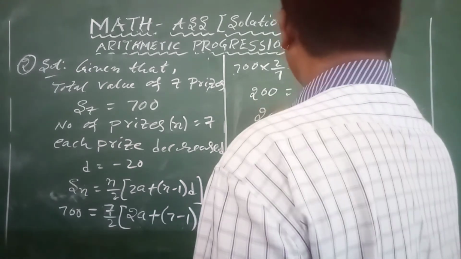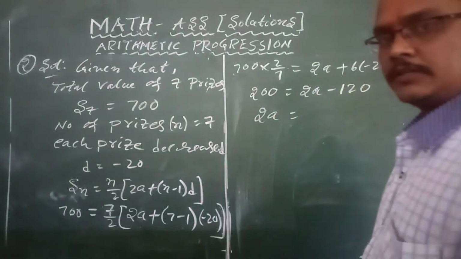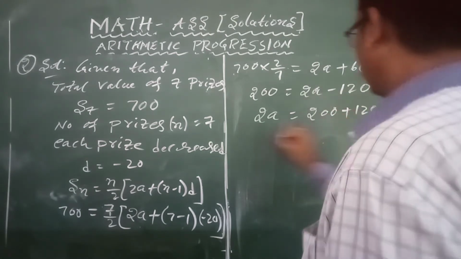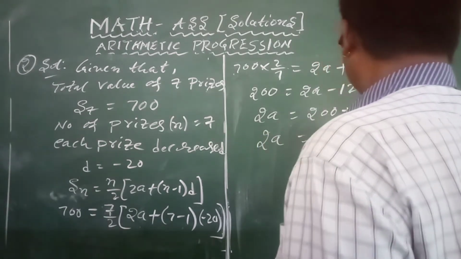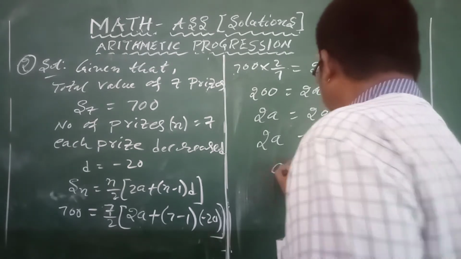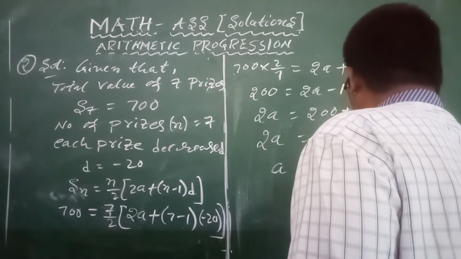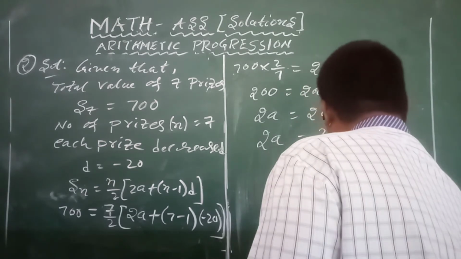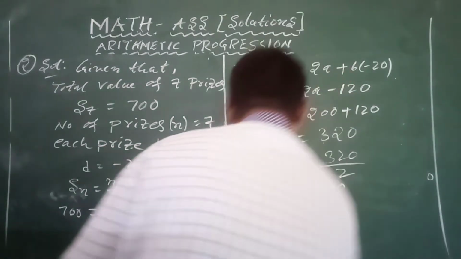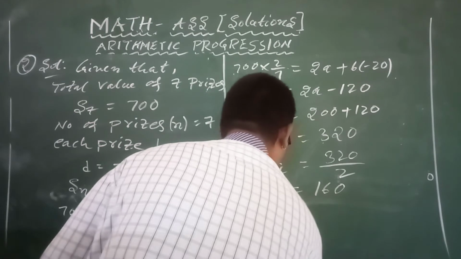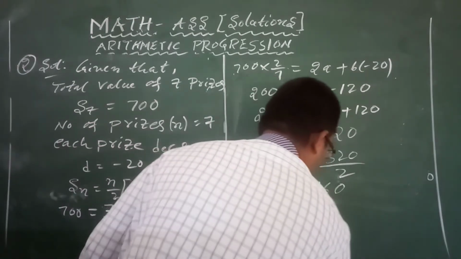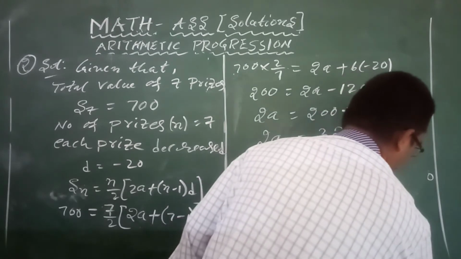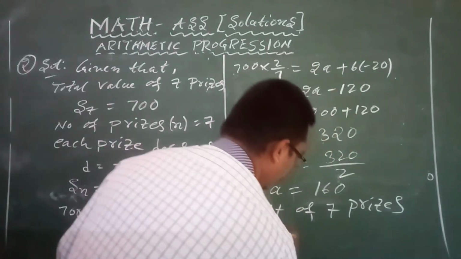So 2a is equal to 200 plus 120, which is 320. So a is equal to 320 by 2, that is 160 rupees. So the cost of the first prize is equal to 160.